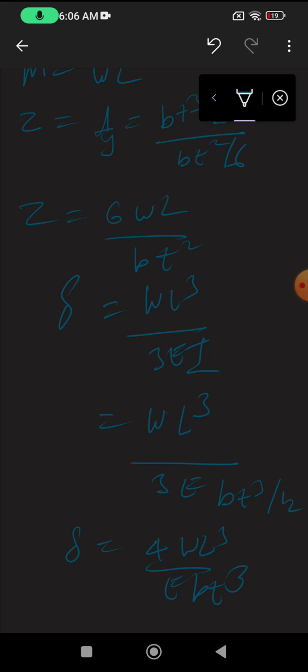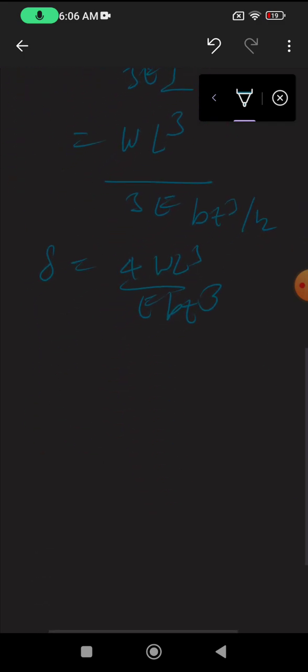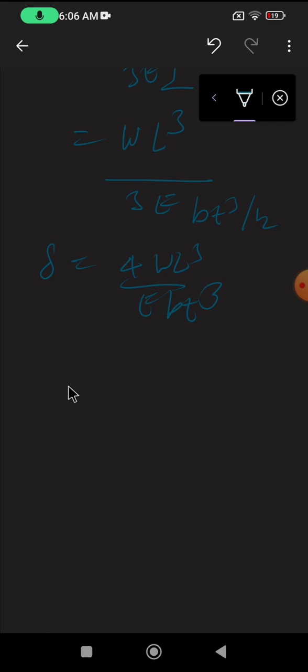Now we know that the crushing stress sigma is equal to 6WL upon BT square. If we use this equation, we will have delta is equal to 2 sigma L square upon 3ET.